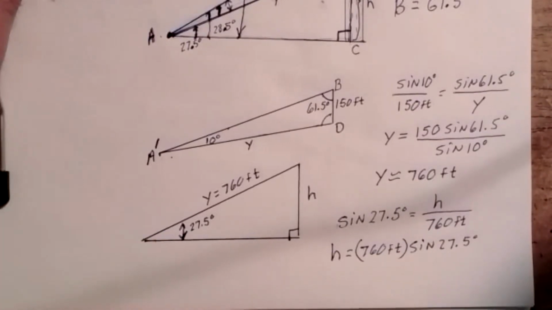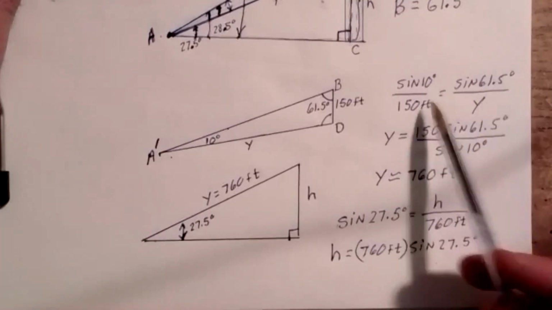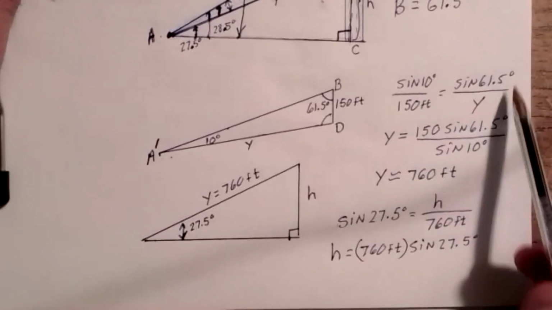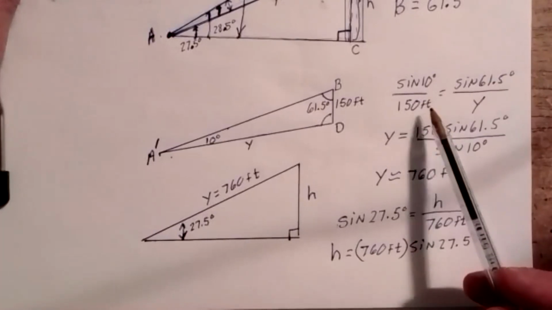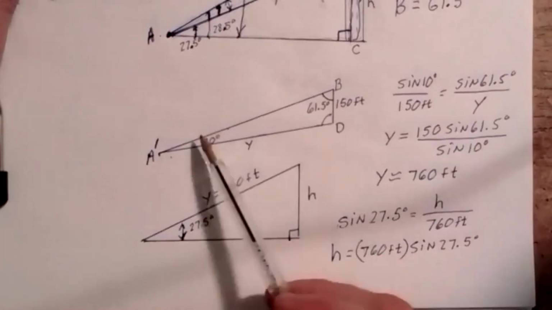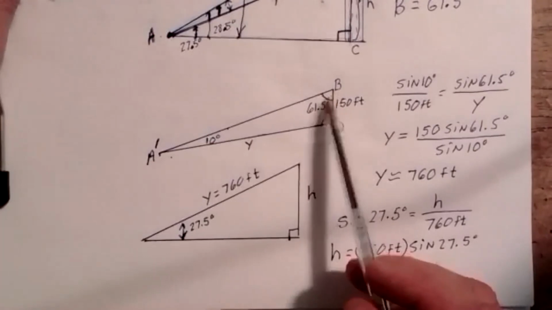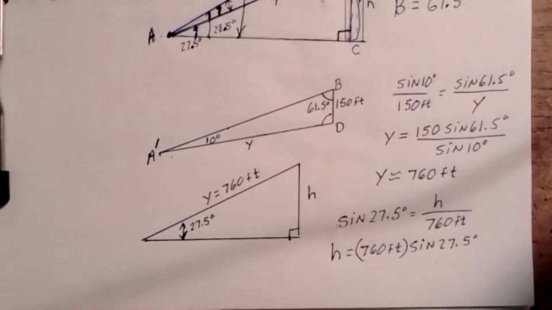Wait a minute here. Does that seem about right? We'll make sure we got everything right here. Let's see, what do we get when we do that? 760 times the sine of 27.5.